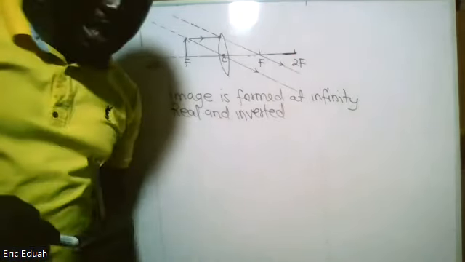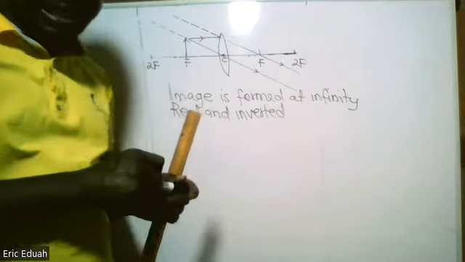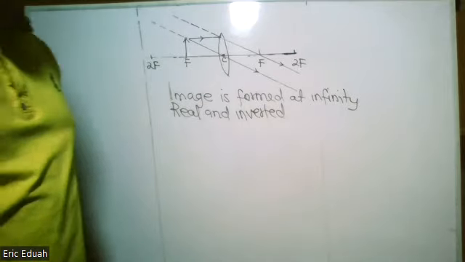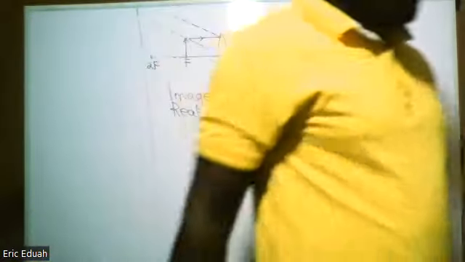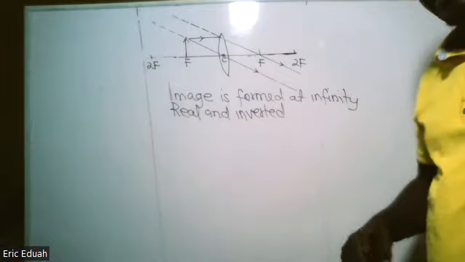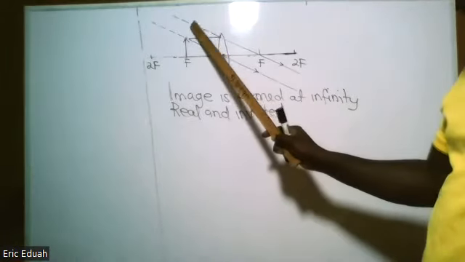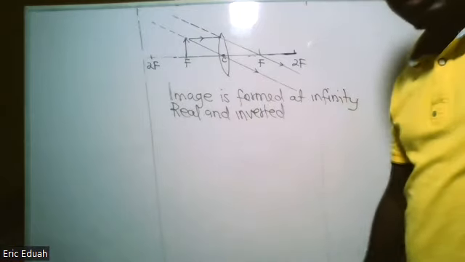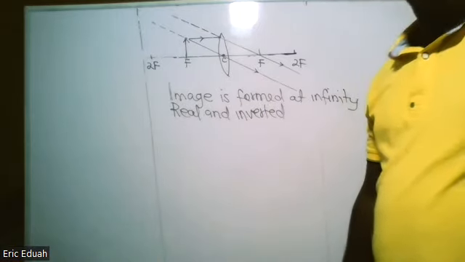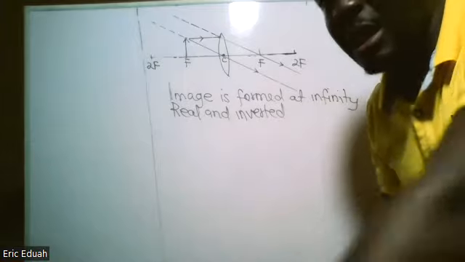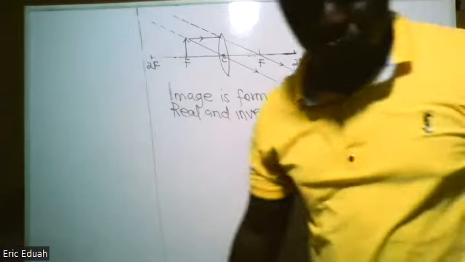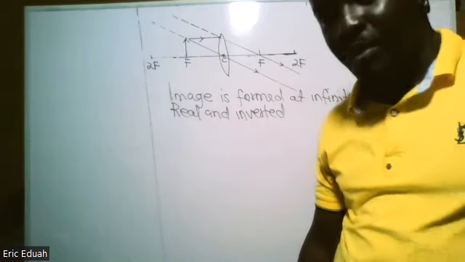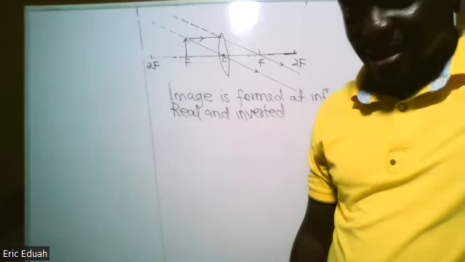Somebody's question is, but where is infinity? Yes, infinity is a far place. How do we ascertain that the image is formed at infinity? This is based on the fact that we use an astronomical telescope to view stars.